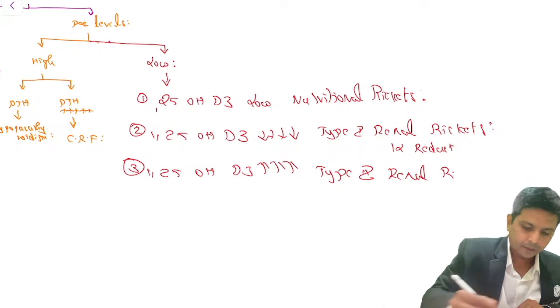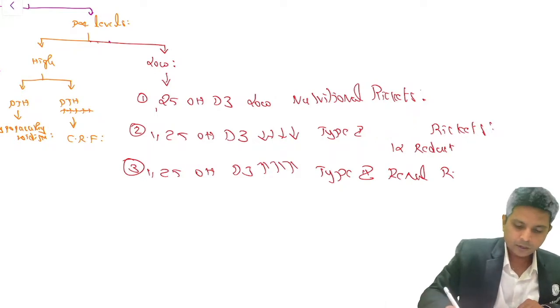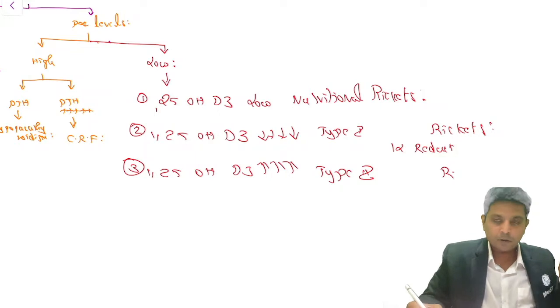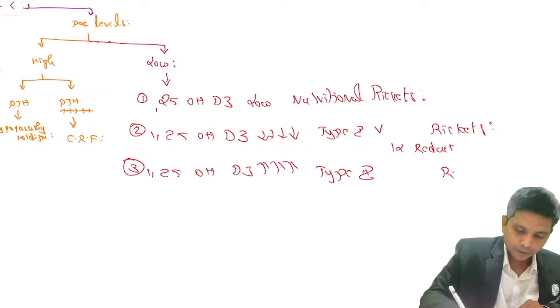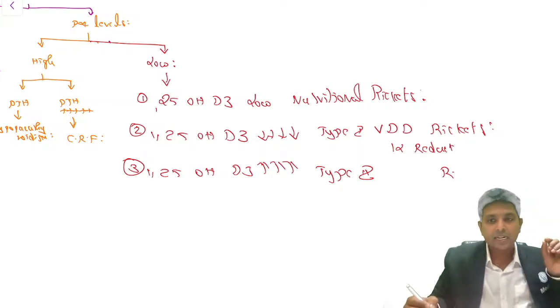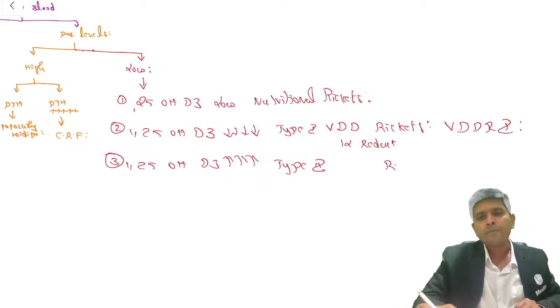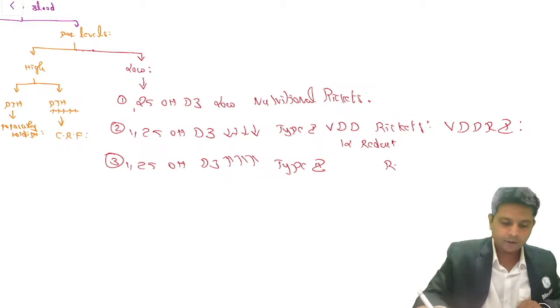I say better not to use this term. Type 2 rickets. When 1,25 dihydroxy D3 is low, it is called type 1 vitamin D dependent rickets, VDDR type 1. Vitamin D dependent rickets type 1 is due to absence of 1-alpha hydroxylase.